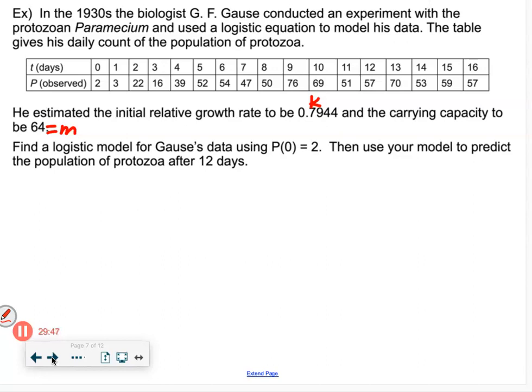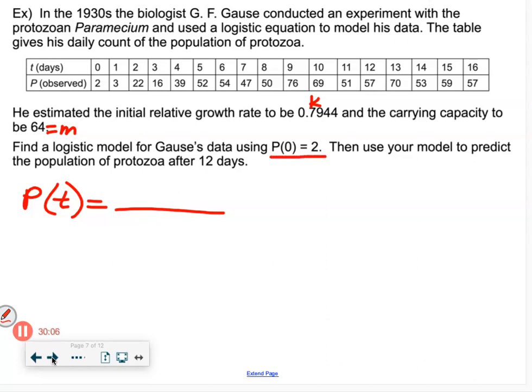So they're not talking about a differential equation. They're talking about the solution. They want an actual population of paramecium at any given time t. So they're looking for a model for P of t. See if you can find a model for P of t knowing that P of 0 equals 2.